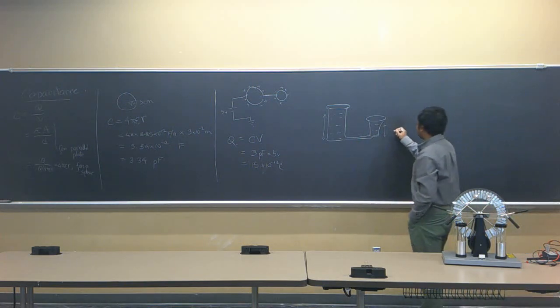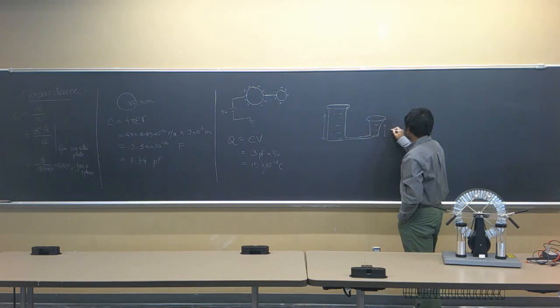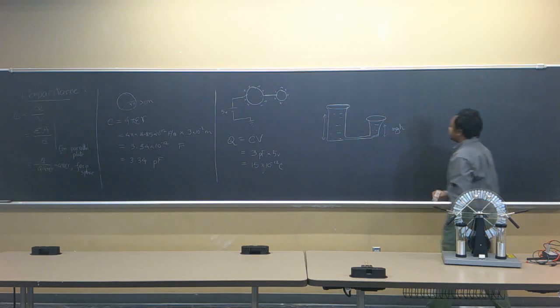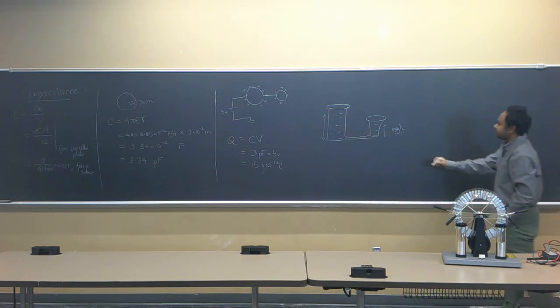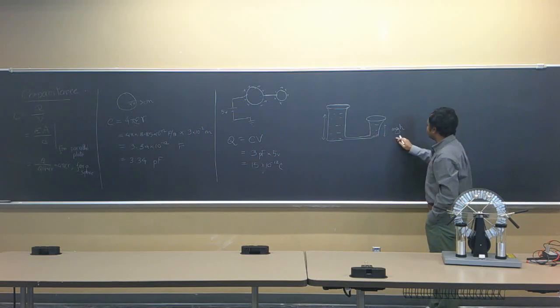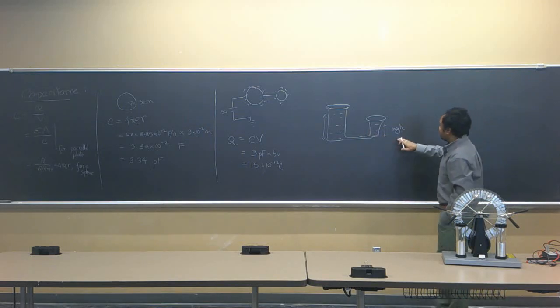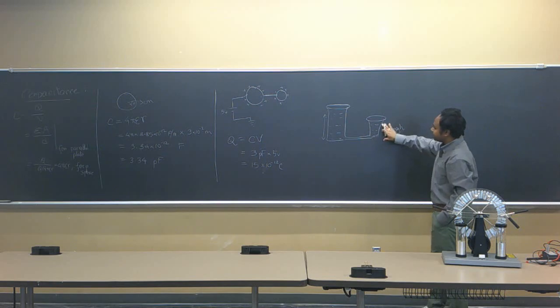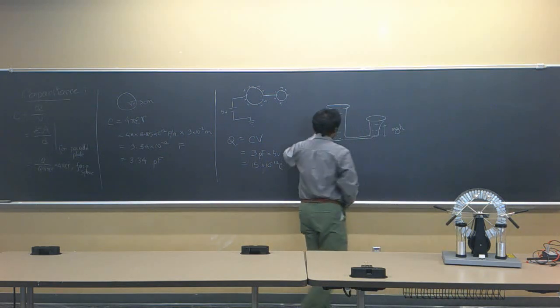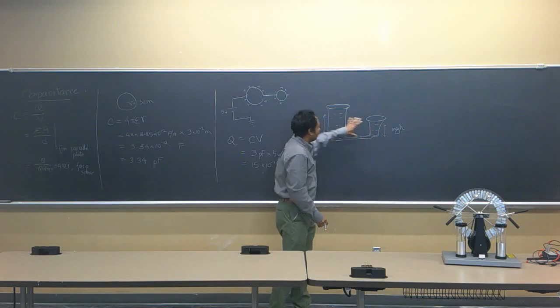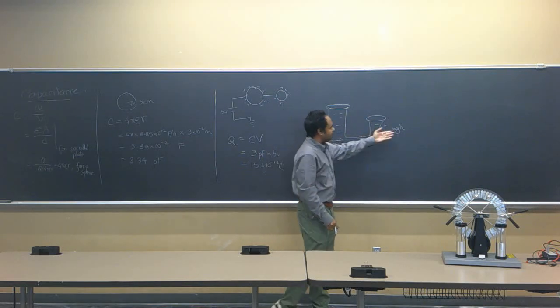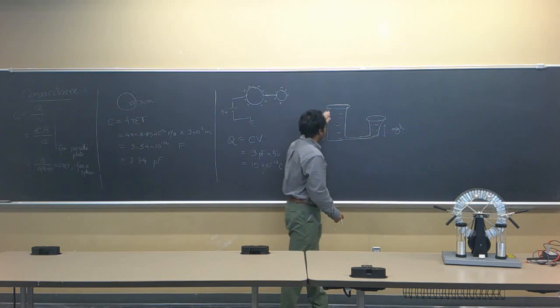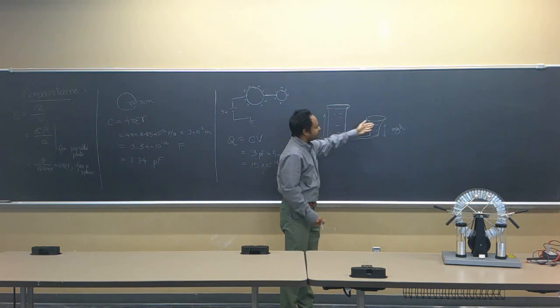You can use the formula mgh, where m is the mass of this liquid, g is the gravity, and h is the height. So both of these guys will reach equilibrium when h is the same for both of them. Okay?